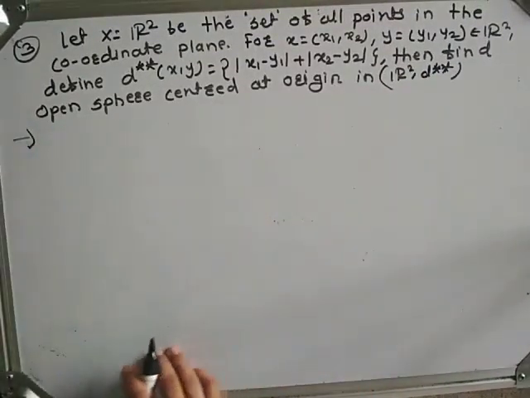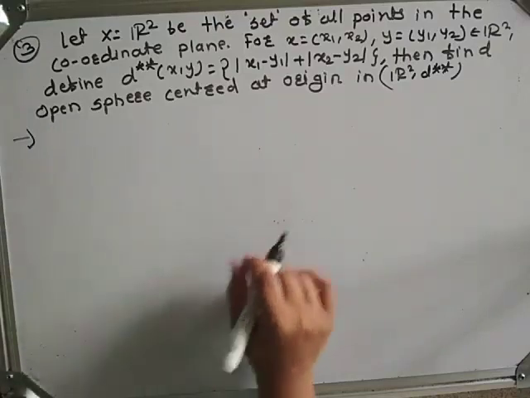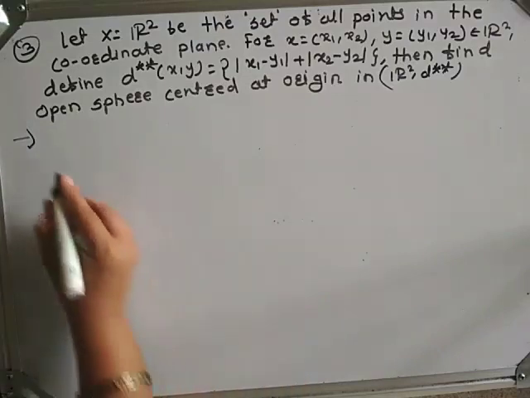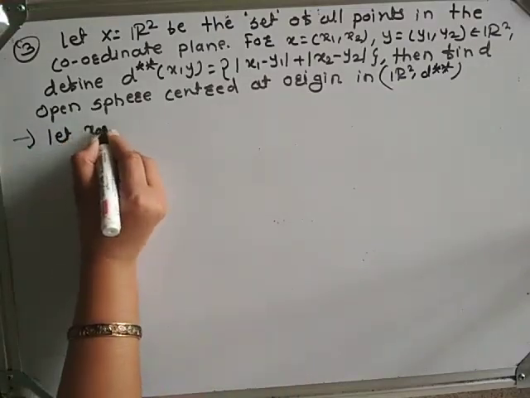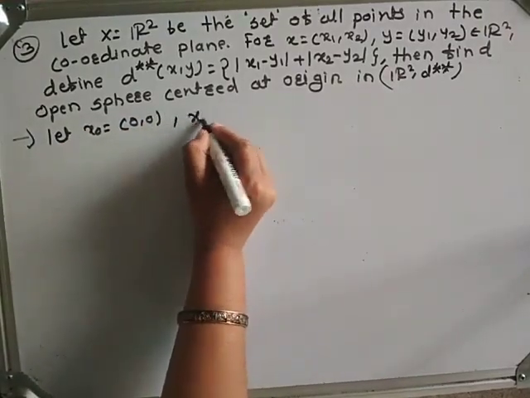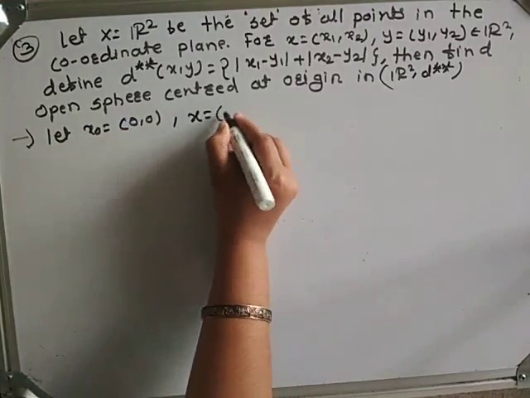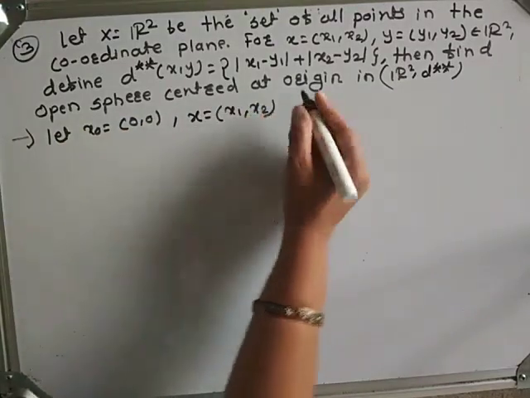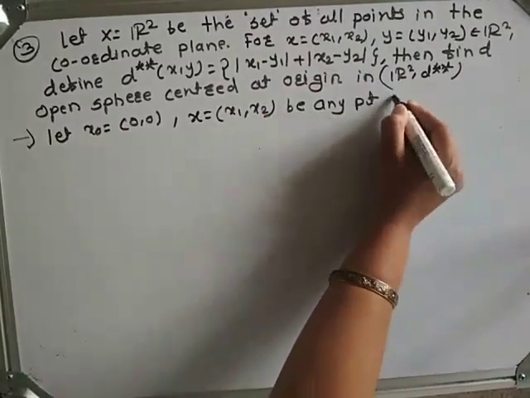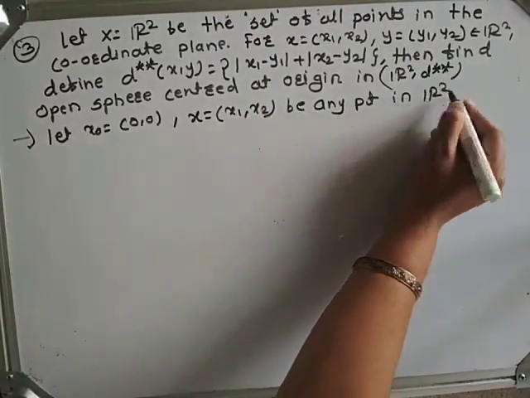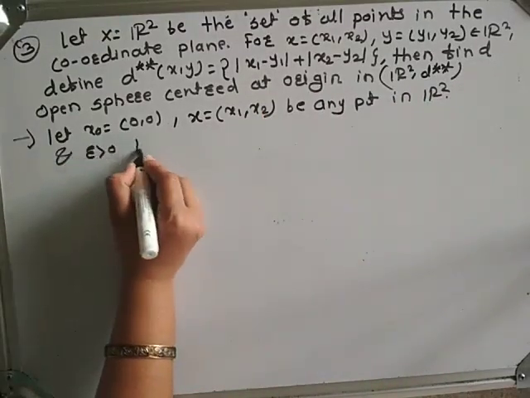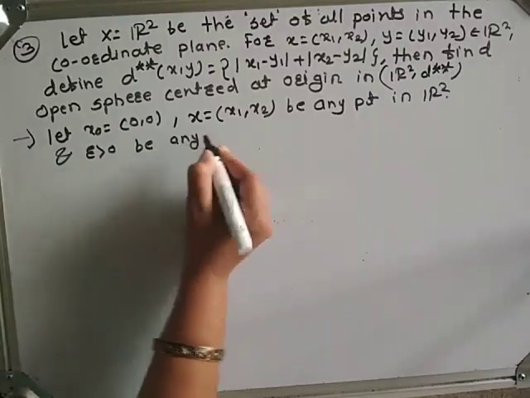In this example, we have to find the open sphere centered at origin in R2 d double star. Let x0 is equal to the ordered pair 0, 0 be the origin. Let x is equal to the ordered pair x1, x2 be any point in R2 and r greater than 0 be any real number.